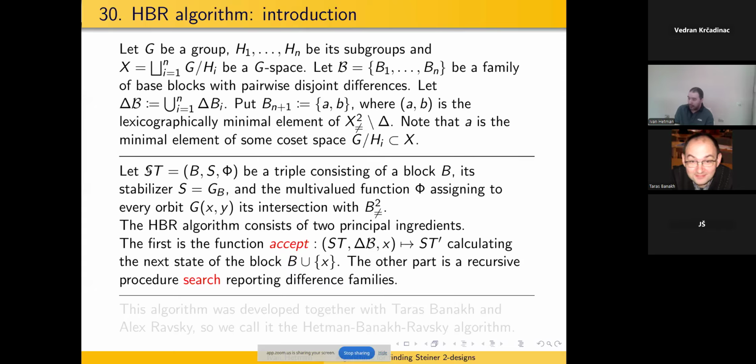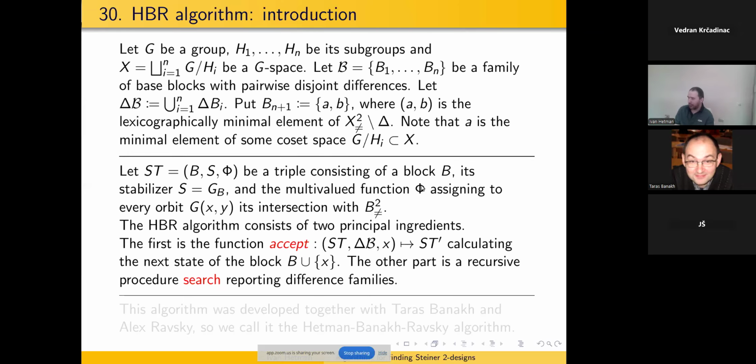So now we define the state completely differently. The same thing is that it contains the base block. So let the state be a triple that consists of a block B, then a stabilizer S, and a third part, which is the most complicated: a multi-valued function phi, assigning to every orbit G from XY its intersection with the set B squared without the diagonal.